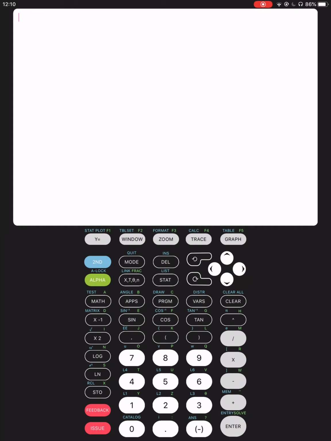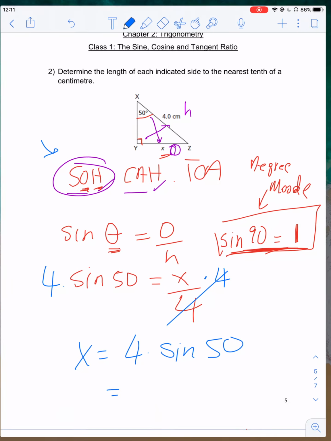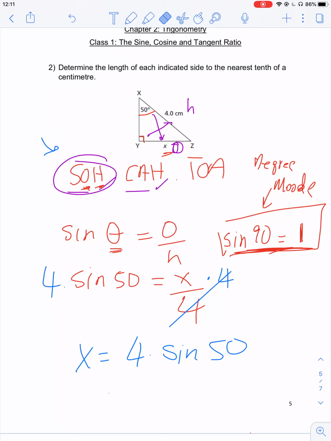Yeah, okay, so 4 times sine of 50, and then enter. So 3.06. Roughly, my answer is approximately 3.06. And make sure your units are matching.